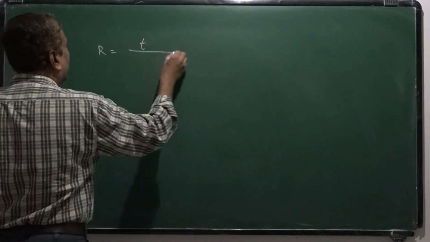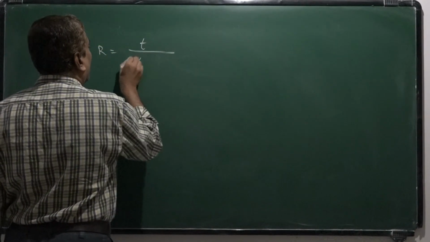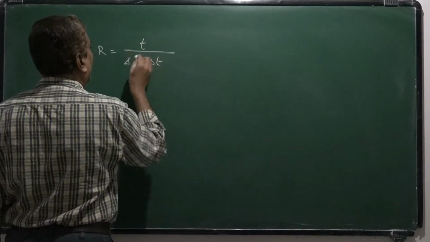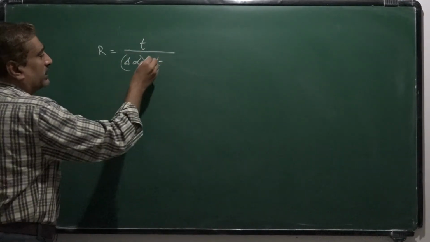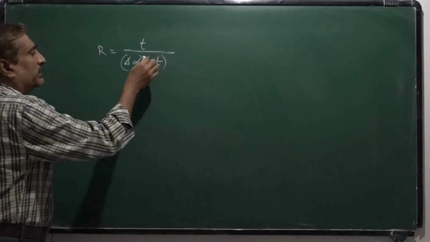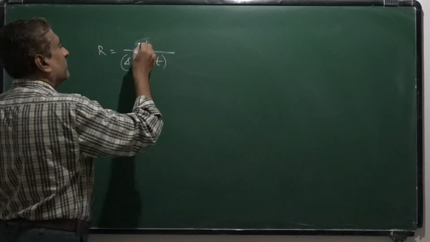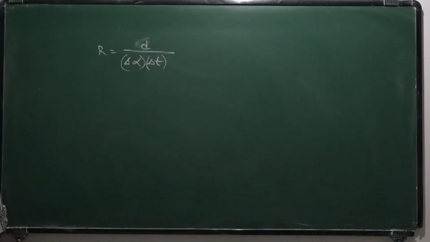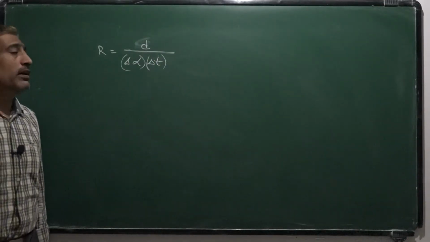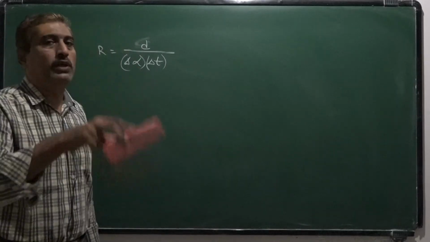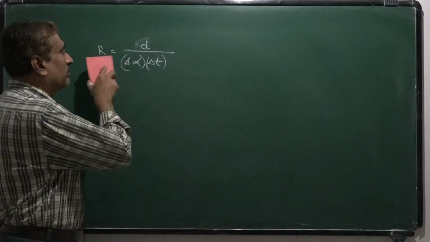So the radius of curvature of that bimetallic strip is given by R equal to D divided by delta alpha into delta T, where delta alpha is the change in the linear expansions and delta T is the change in temperature. Here D is the thickness of each strip, or half of the total bimetallic strip. Okay, so you remember this formula also.